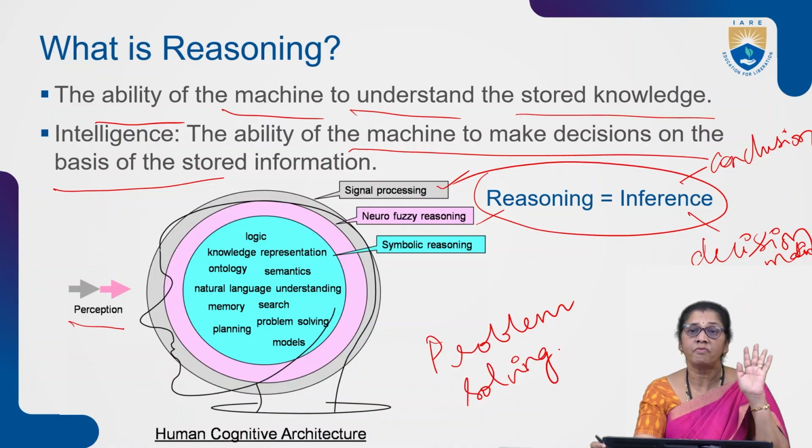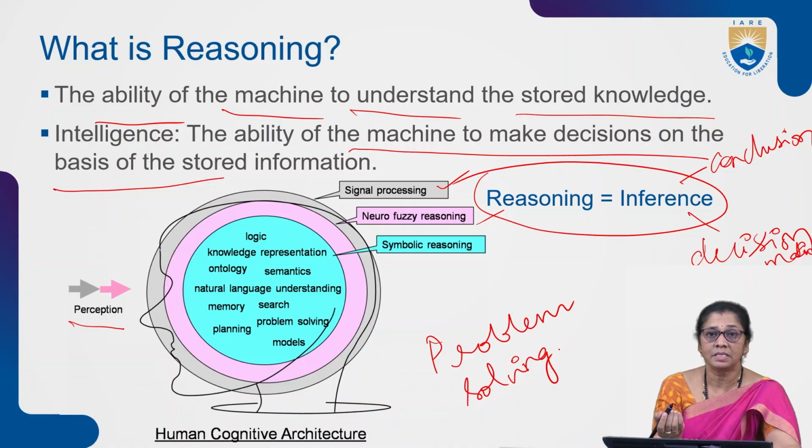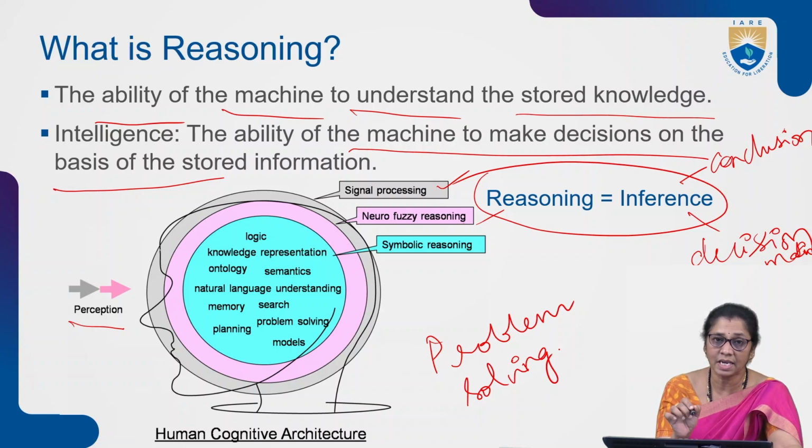What we hear and what we see are converted into symbols. And who converts this into symbols? This is done by neurofuzzy reasoning. The neurofuzzy layer converts whatever signals are extracted, whatever we see, into symbols, and we focus on symbolic reasoning.